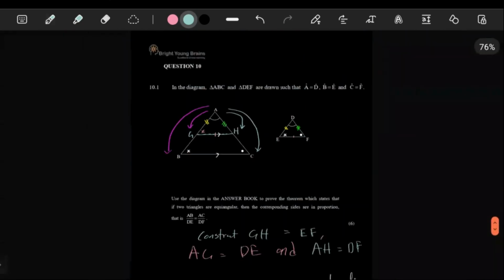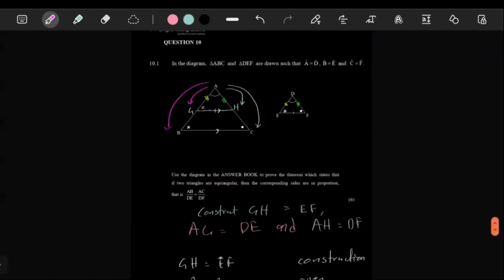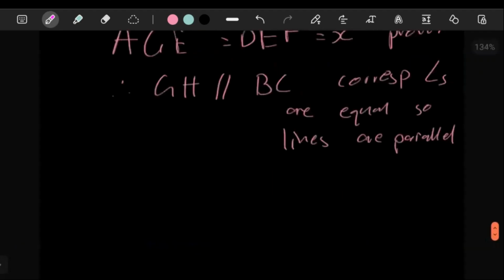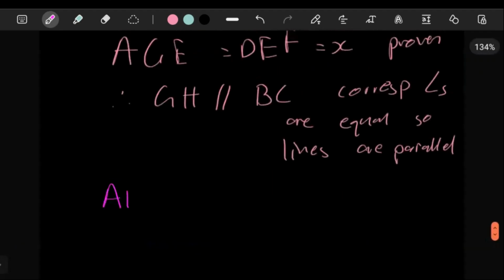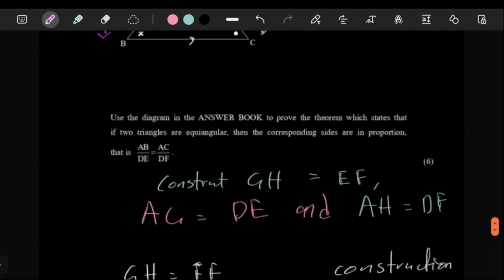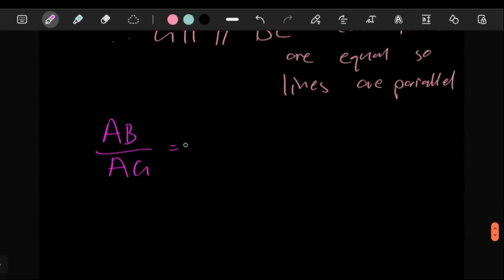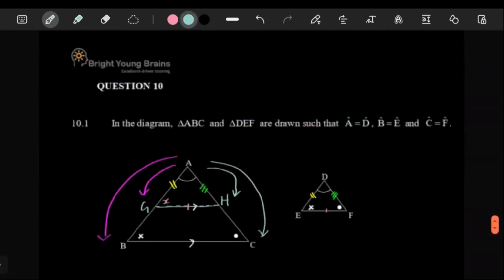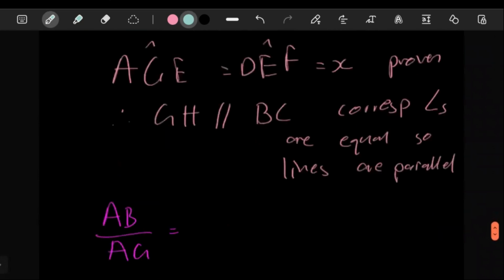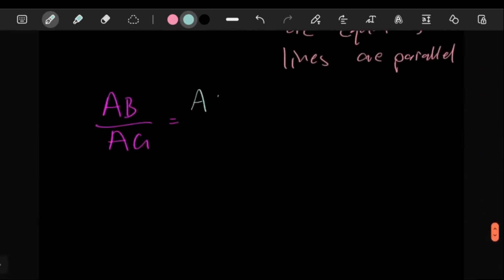You see, let's do it. AB over AG is equal to AC over AH. AC over AH.